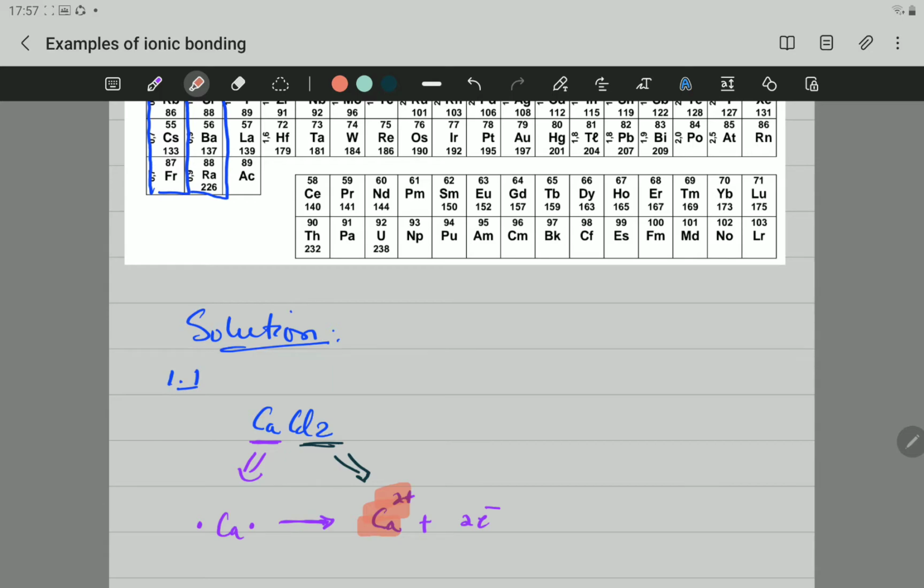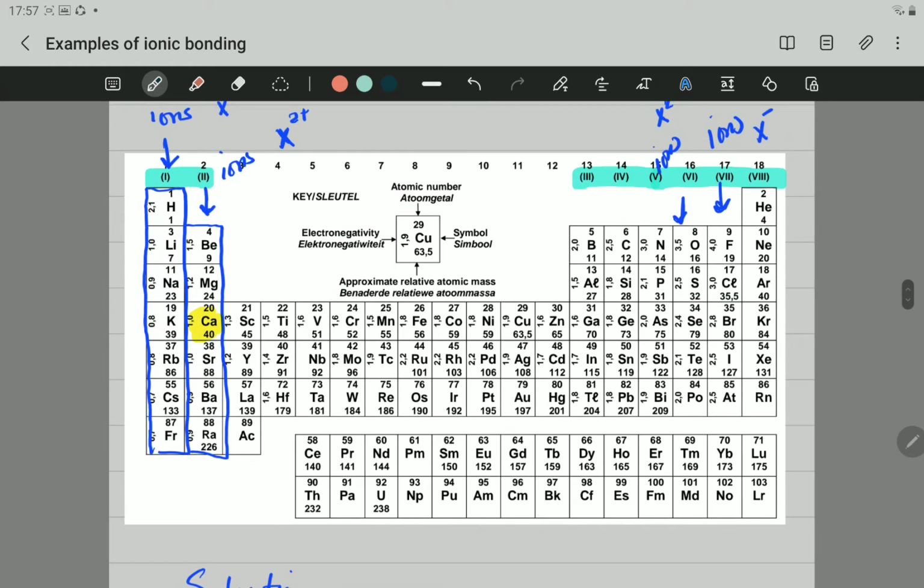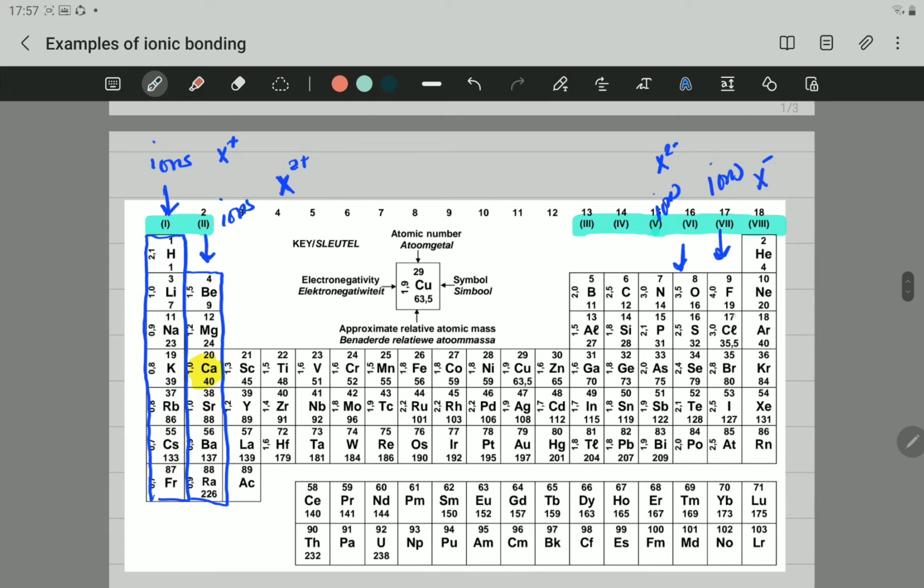Let's go now to chlorine. We have enough space to do it here on the next one. We're talking only about chlorine. If you determine where chlorine is in the periodic table, it is in group 17.